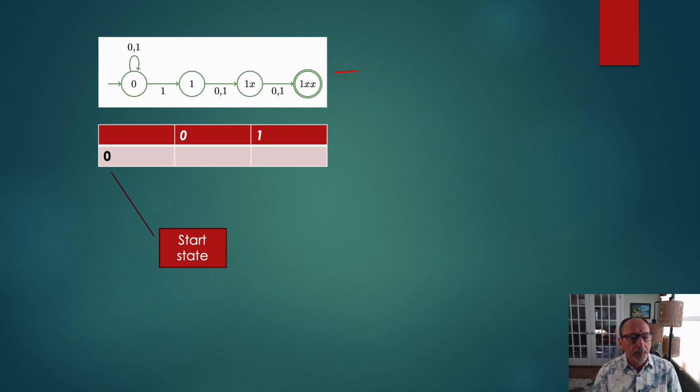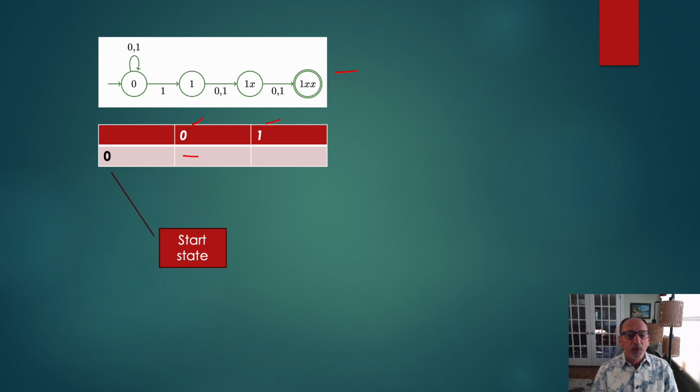But that's not important. The start state of the DFA will be the start state of the NFA. Now we ask ourselves, where can we go from state 0 with the various inputs, a 0 and a 1?